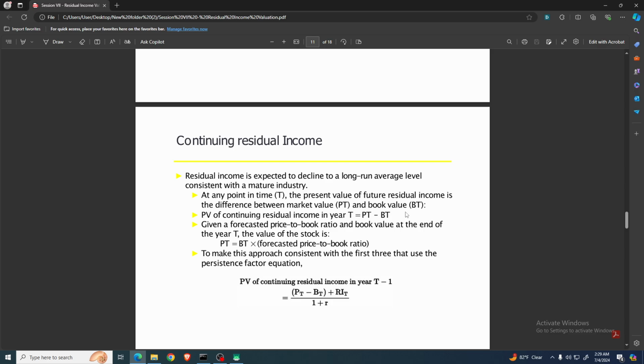And you have the PV of continuing residual income in year t in this calculation as well. So essentially, this method involves forecasting the price to book ratio and applying it to the book value at the end of the high growth period to estimate the stock value.